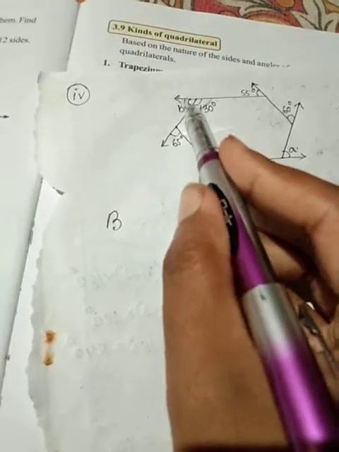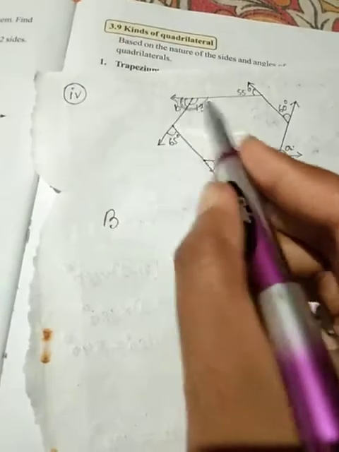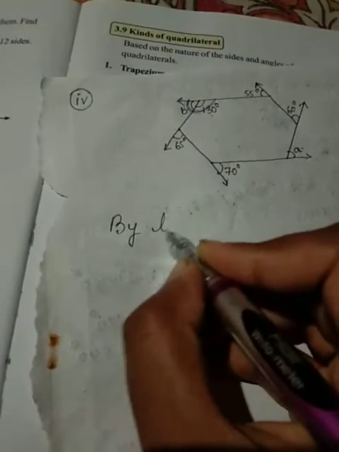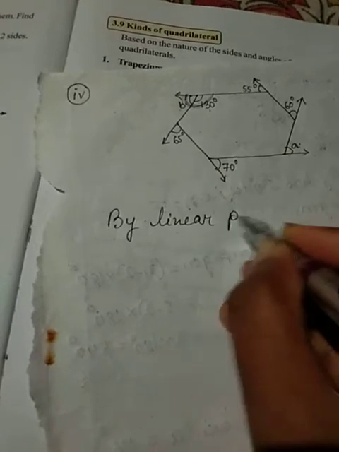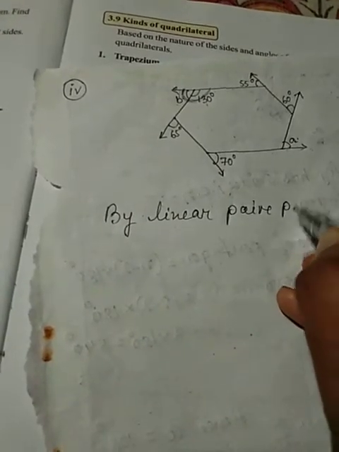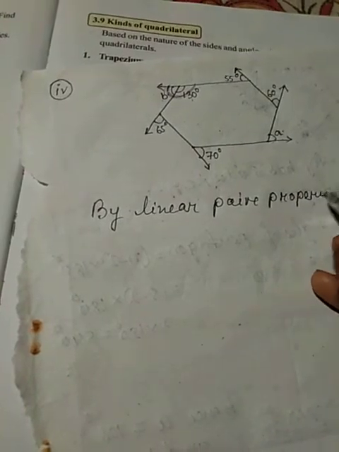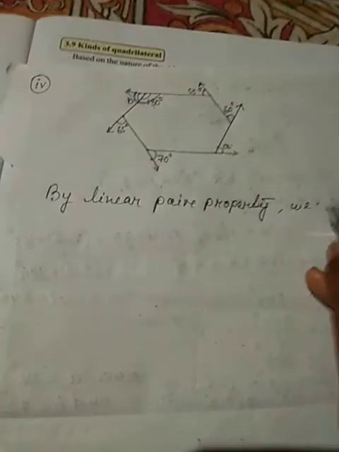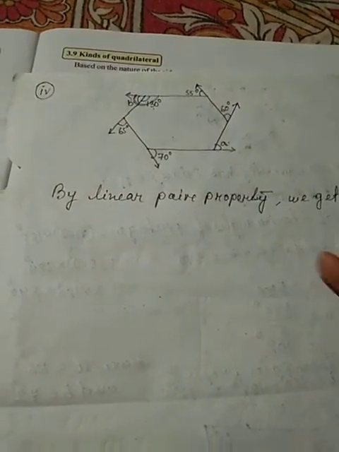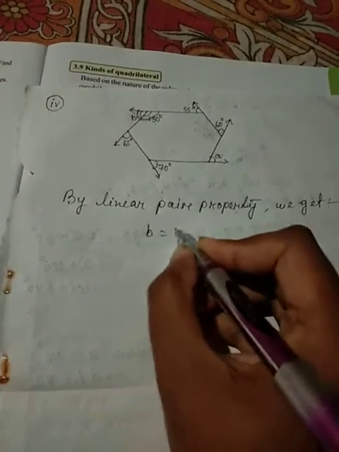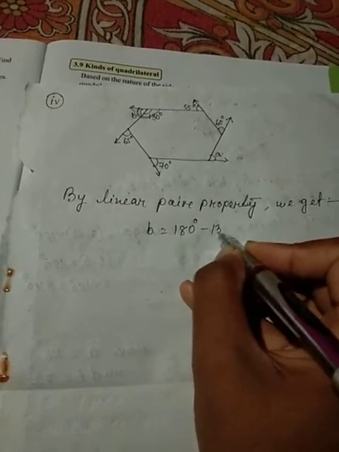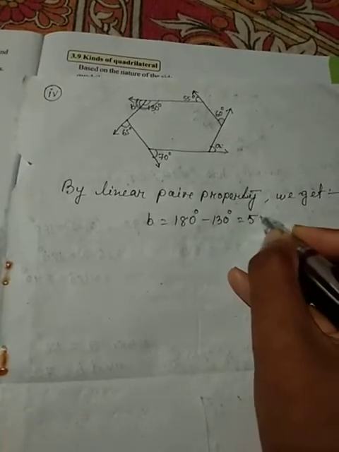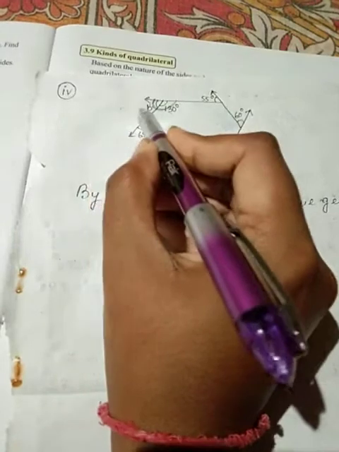So if the sum of these two angles is 180 and one is given, then the other we also find by linear pair property. By linear pair property we get B equal to 180 degree minus 130 degree. That means B equal to 50 degree. Here we find the value of B equal to 50 degree.